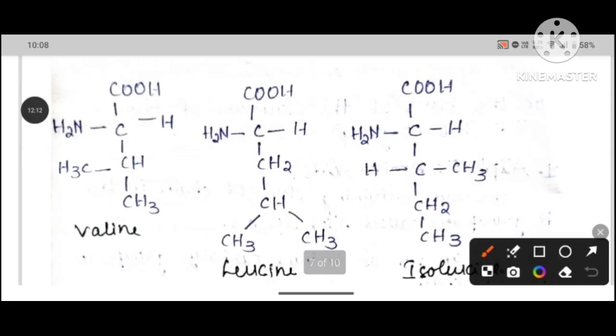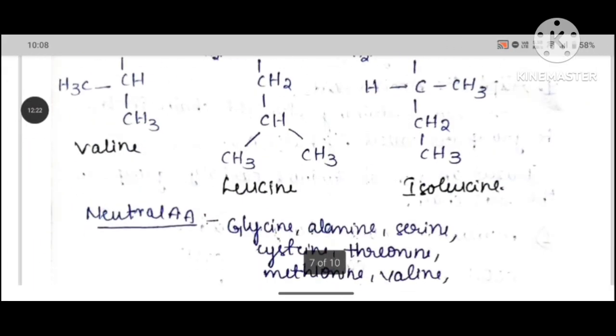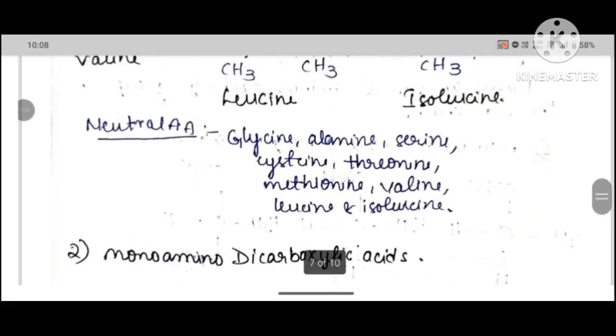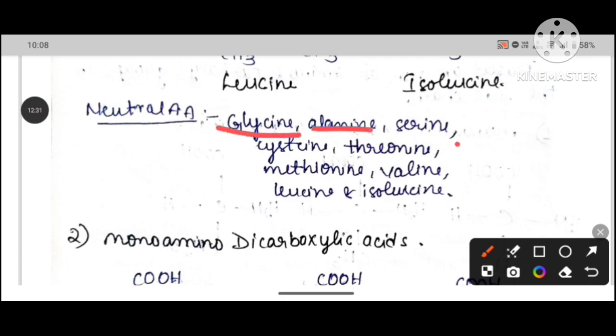If you observe this structure also, some other examples of monoamino monocarboxylic acids are valine, leucine, and isoleucine. Among these, the neutral amino acids are glycine, alanine, serine, cysteine, threonine, methionine, valine, leucine, and isoleucine. So mostly the monoamino monocarboxylic acids are neutral amino acids.